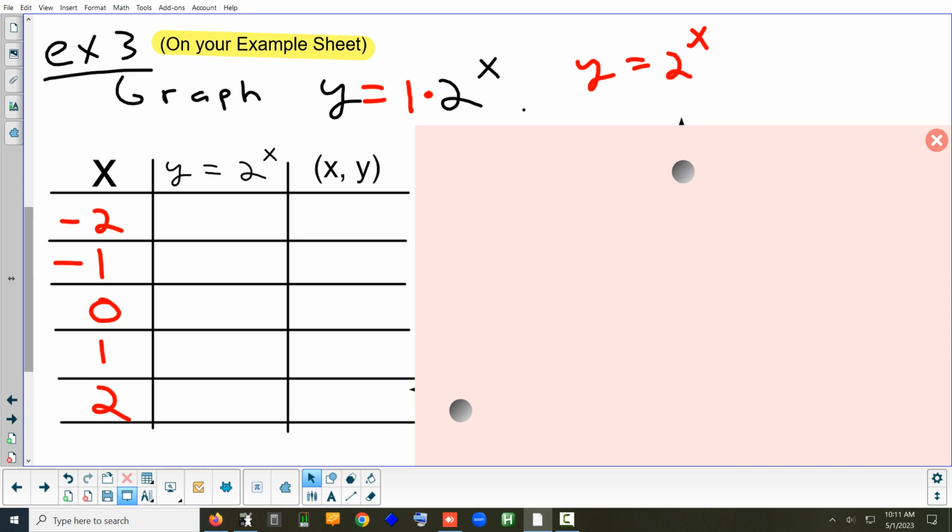Now, what do I have to do? I'm going to have to do it 5 times with each one of these numbers. What was the question? What do I have to do? I'm going to do it 5 times with each one of these x values.